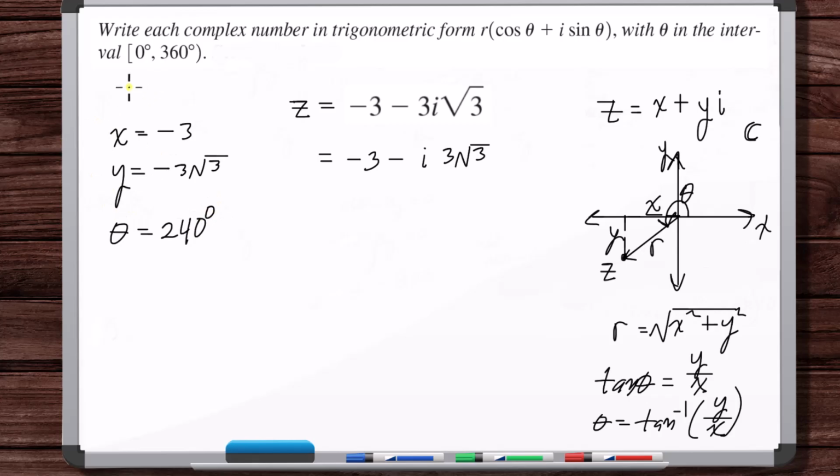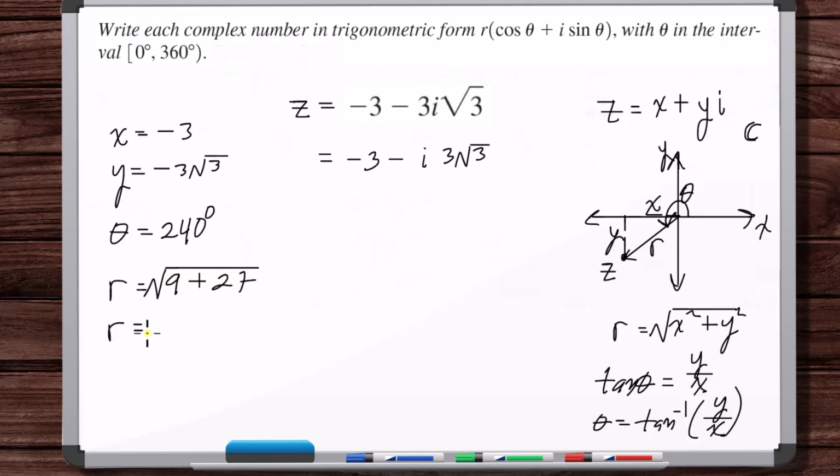Now we could use, like, what would this be, negative 120 or something, or we could use an angle greater than 360. That would still be valid, right? Because the math would still work out, but they want us to specify the angle between 0 and 360. Okay, so, all right, well, that's theta. Then r is going to be, let's see, so minus 3 squared is 9, and then minus 3 root 3 squared is going to be 9 times 3, so 27.